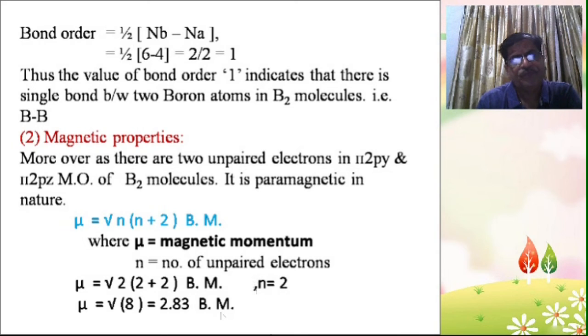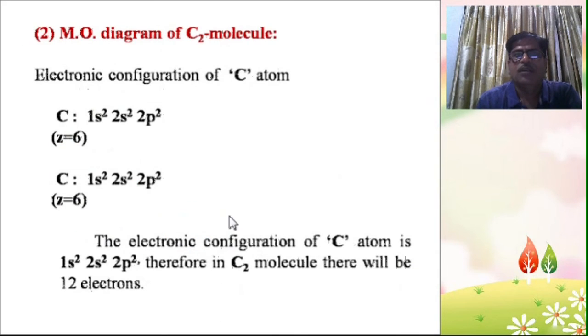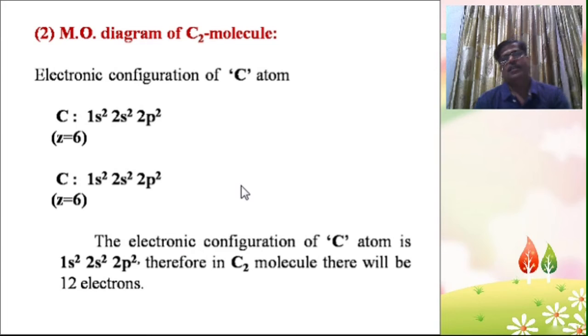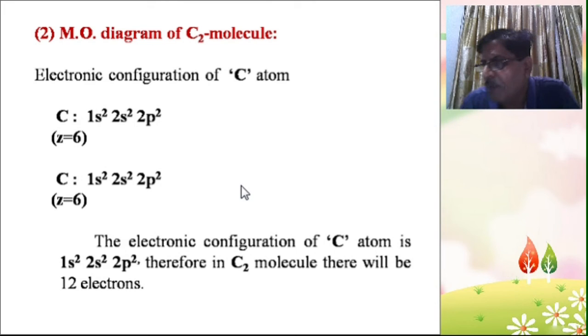So here we discussed the MO diagram of B2. In the same way we can discuss and calculate the bond order, stability and magnetic properties of the C2 molecule.